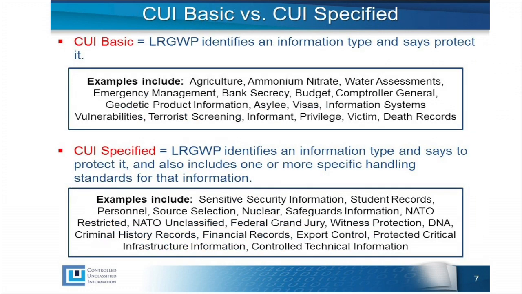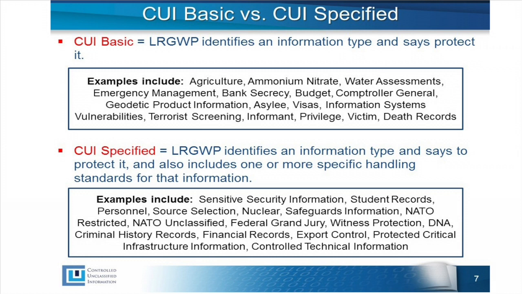Before we continue, it is prudent to draw an important distinction between CUI Basic and CUI Specified. CUI Basic refers to any category or subcategory of CUI that by law, regulation, or government-wide policy is identified to be protected, but there is no further information on how to protect that information.